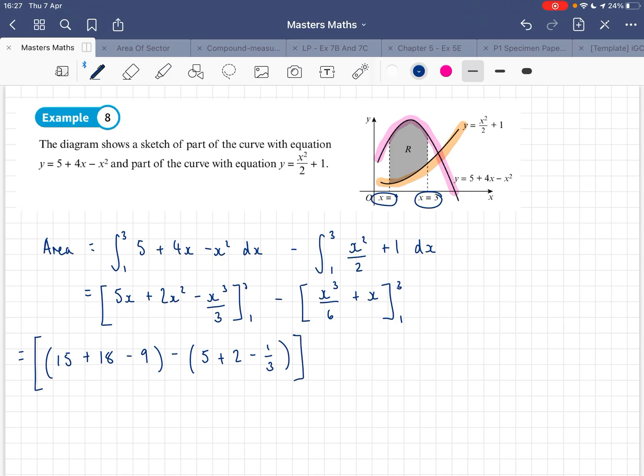So that's evaluating my first integral, and then I need to subtract from that the result I get when I evaluate the second integral. So again, substitute in 3, I get 27 over 6 plus 3 minus 1 over 6 plus 1.